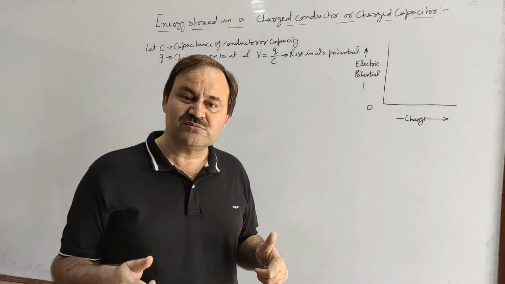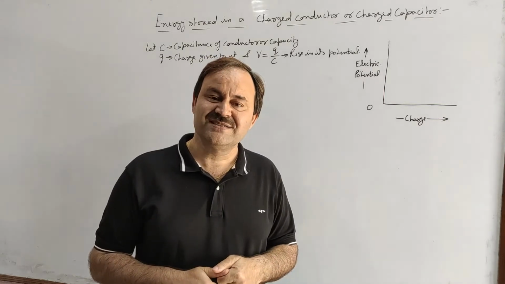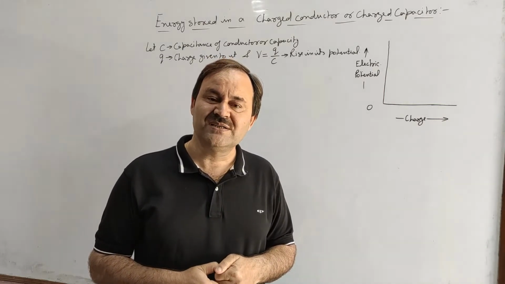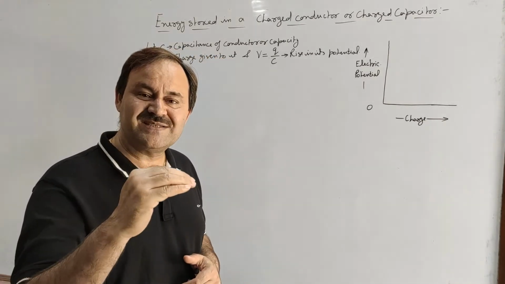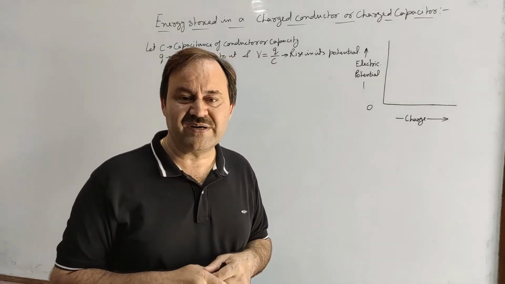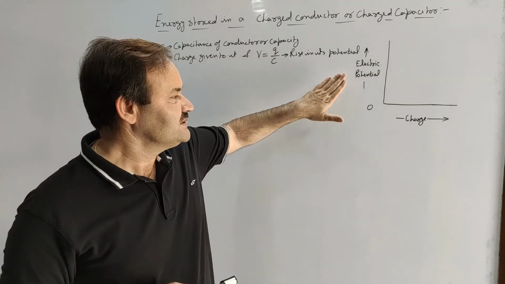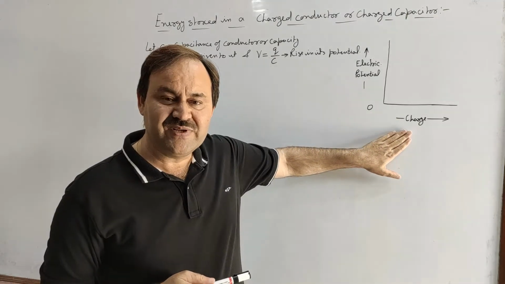And we know that the product of two quantities is always obtained by the area between the horizontal axis and the curve for those two quantities. Say here I am plotting electric potential against the charge given.